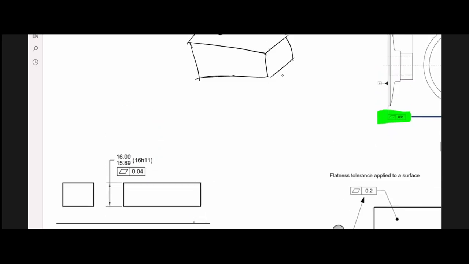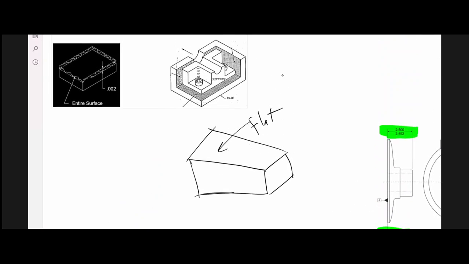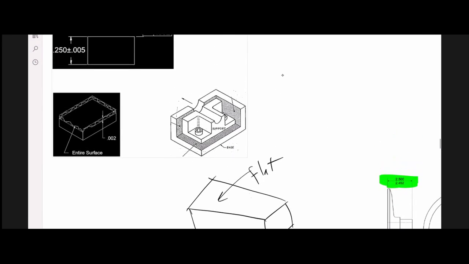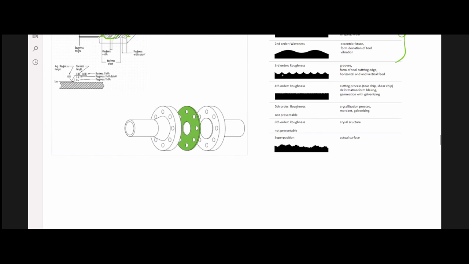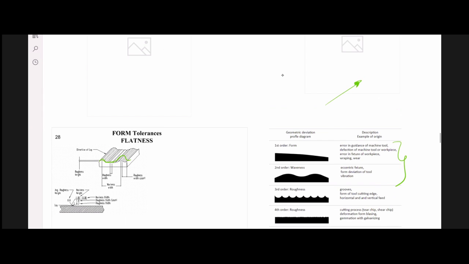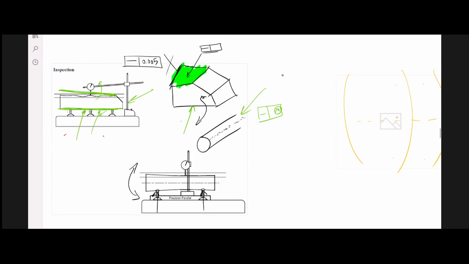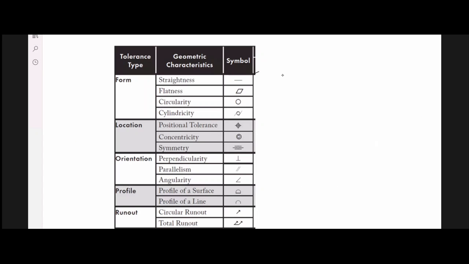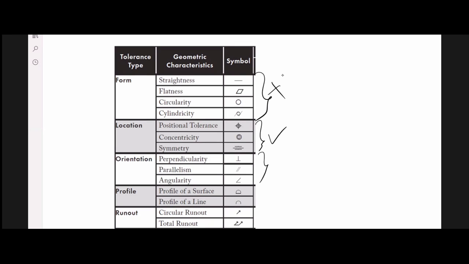So would you really just have a datum for position of a feature, location, or the orientation of a feature, and that's pretty much it then? You're jumping ahead a little bit, but that's fine. Form tolerances are not going to have datums. Location, no datum for these. These have datums, they cannot be defined without a datum.